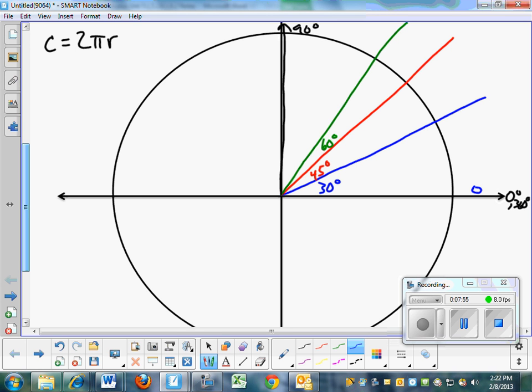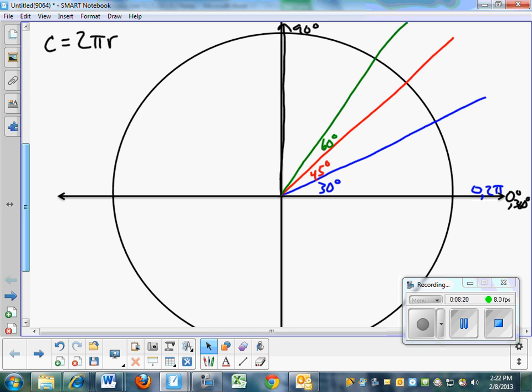Well, what's the distance in terms of circumference? 2 pi. So 2 pi is the same measure as 360 degrees. 2 pi you could think of as like a metric measurement, and 360 you could think of as like a standard measurement. These are conversions we have to have.